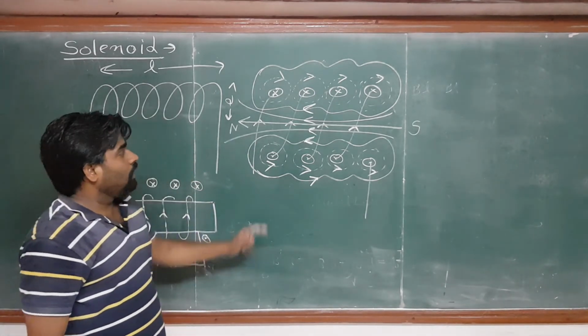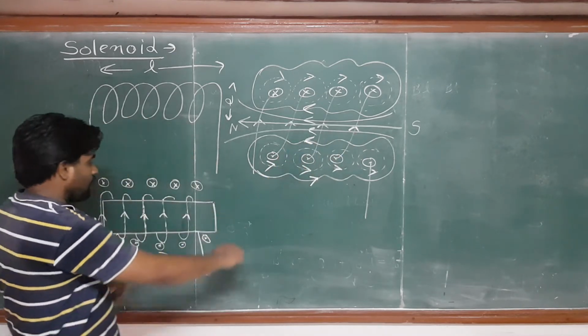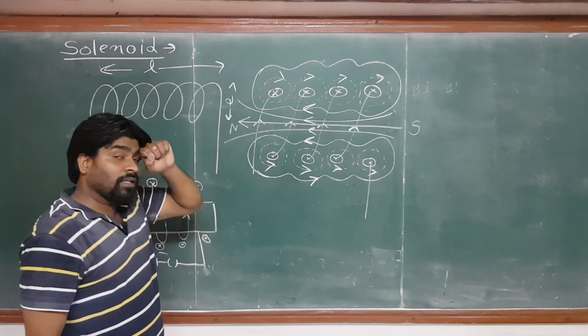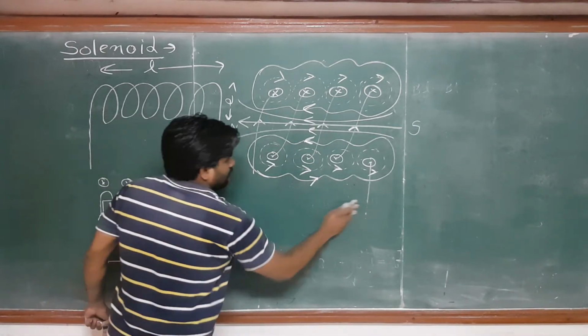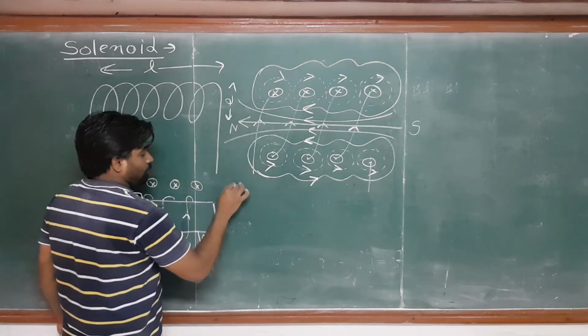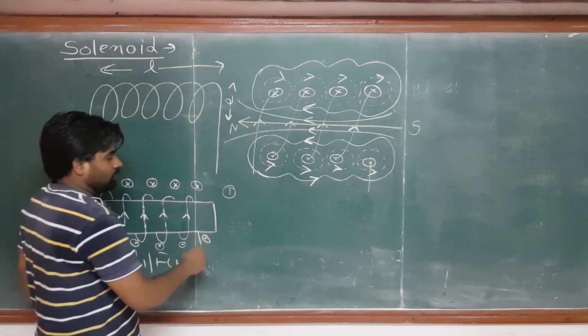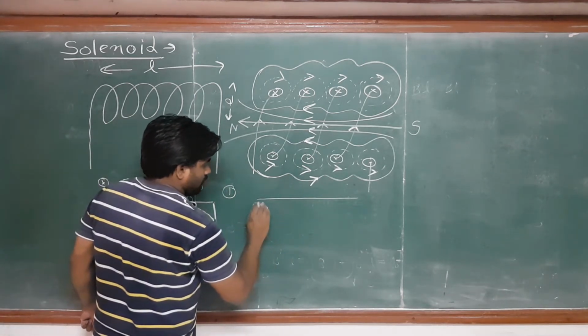Right? And the direction of the magnetic field which I have denoted, it comes inside of the solenoid. Right? How to find the magnetic field due to the solenoid? Do one thing. You can imagine the point number 1. This is called the length of this solenoid. This is the length of the solenoid.